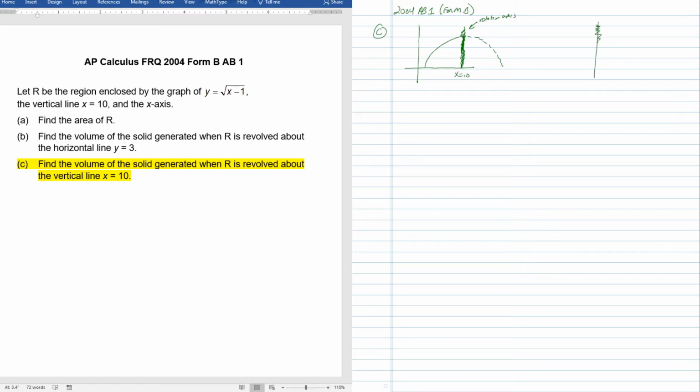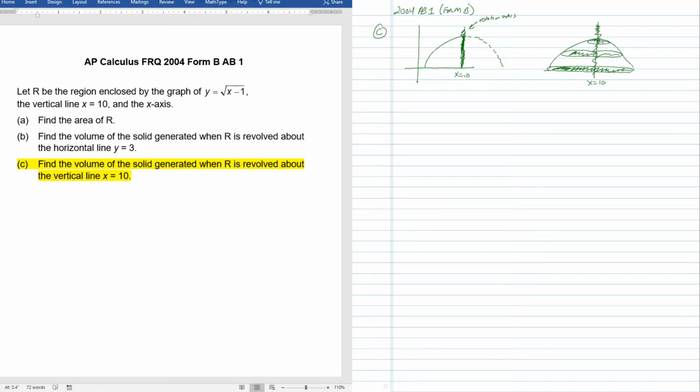This makes it very easy to visualize disks. If this is your rotational axis, remember this is x equals 10, not x equals 0 or the y-axis, then you should realize that you're going to have a disk that comes down like this. It's going to be completely filled. You'll have another disk completely filled, and another disk completely filled.